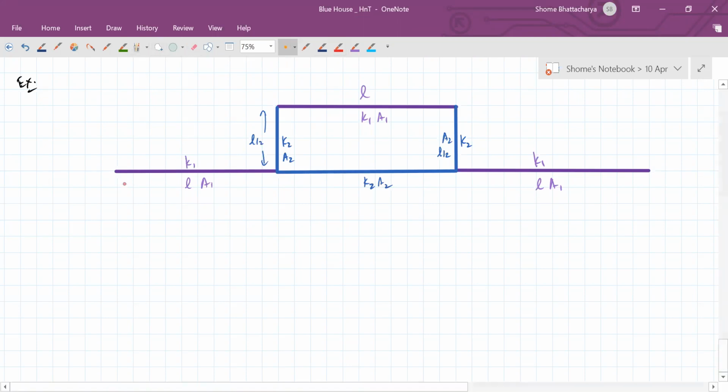And this point here is kept at some temperature TA. This point is kept at some temperature TB. So let's say this is minus 50 degrees C and this is 150 degrees C. So this is a combination of 6 rods insulated from the outside.